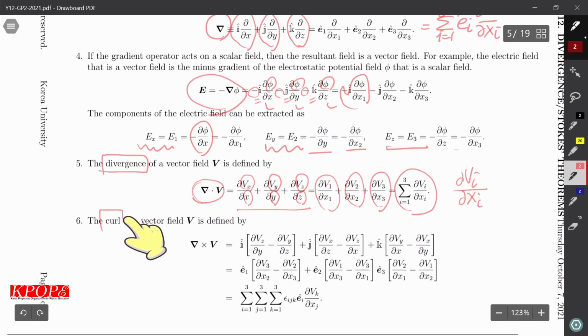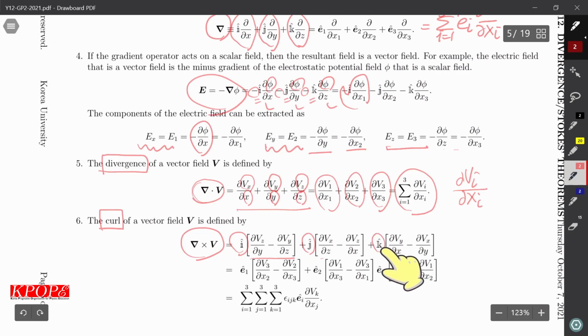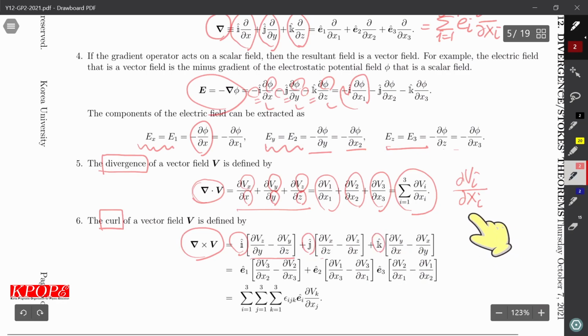And the curl is written in this form, with an x component expressed as this, a y component, and a z component. In determinant form, we have i, j, k unit vectors, differential operators, and the vector.